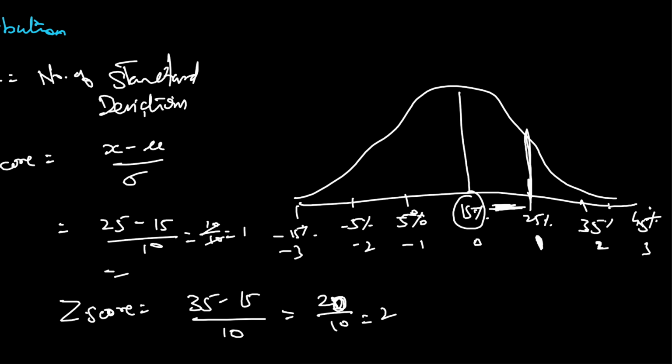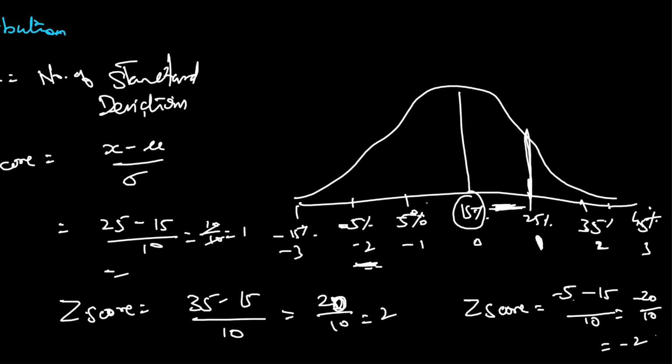Similarly, if I take minus 5, then on the left hand side, the Z score will be minus 5 minus 15 divided by 10, that is equal to minus 20 divided by 10, that is equal to minus 2. So given any number, I can get the Z score.